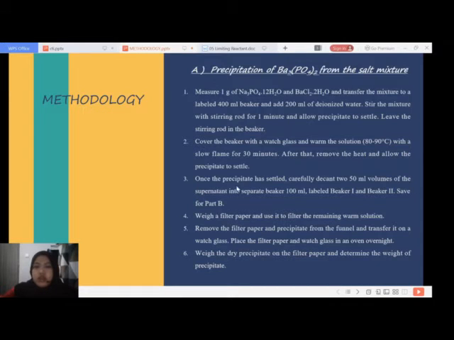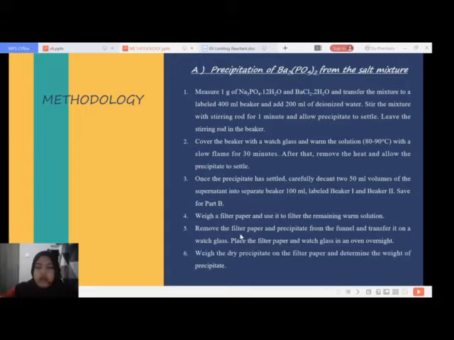Third, once the precipitate has settled, carefully decant two 50 ml volumes of the supernatant into separate 100 ml beakers. Label them beaker 1 and beaker 2. Save for part B. Fourth, wet a filter paper and use it to filter the remaining warm solution.